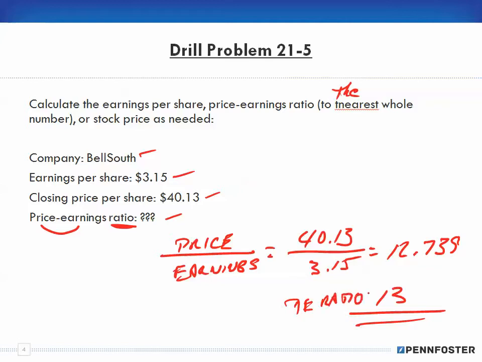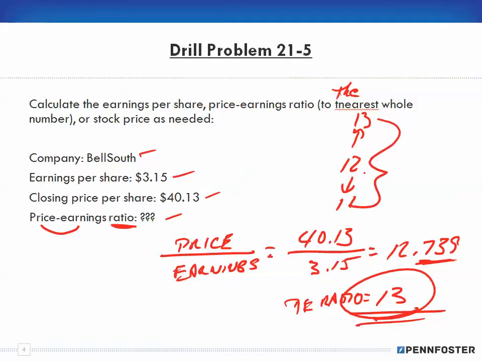And the PE ratio, just so you know, it's rare that you see the fractions, the decimals. They always round up or down to a whole number for the PE ratio, because having those extra decimal places really doesn't change any of the decision making. To go from a PE ratio of 12 up to 13 or down to 11 really doesn't matter.